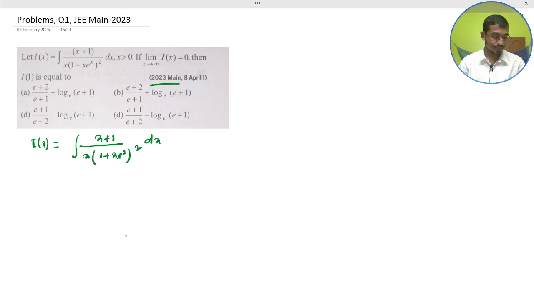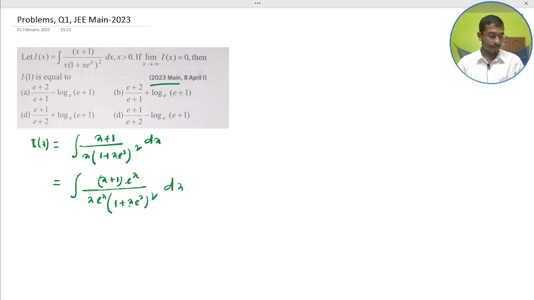I just write it in this form: (x plus 1) e to the power x divided by x e to the power x into (1 plus x e to the power x) whole square dx, multiplying by e to the power x on both sides.